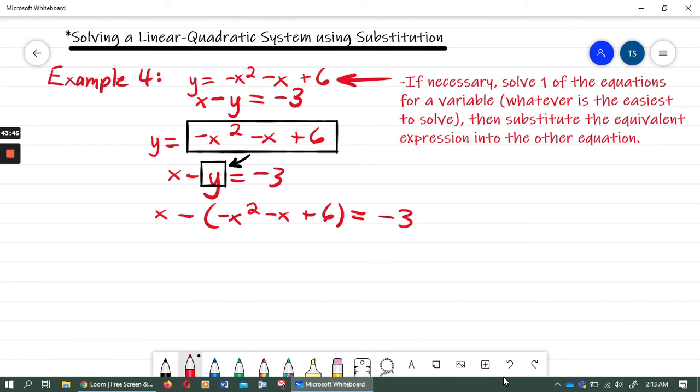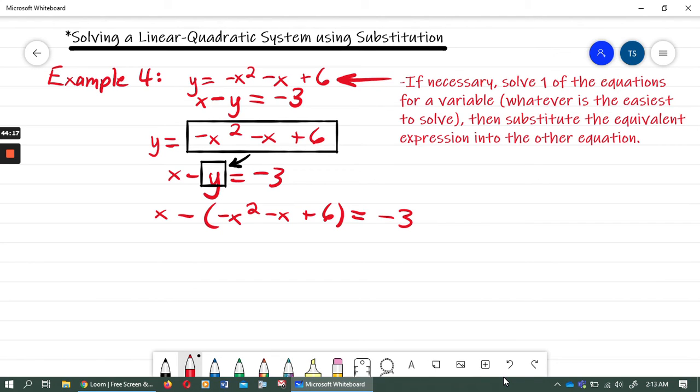Factoring, solving by factoring, solving by using the quadratic formula, completing the square, solving by using square roots. We've done so many methods on solving quadratic equations that, again, folks, doing this right here should be no problem.